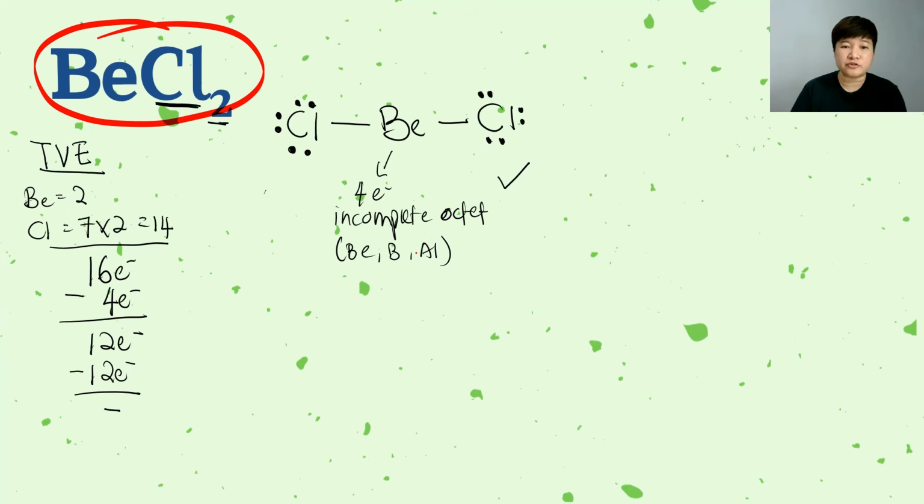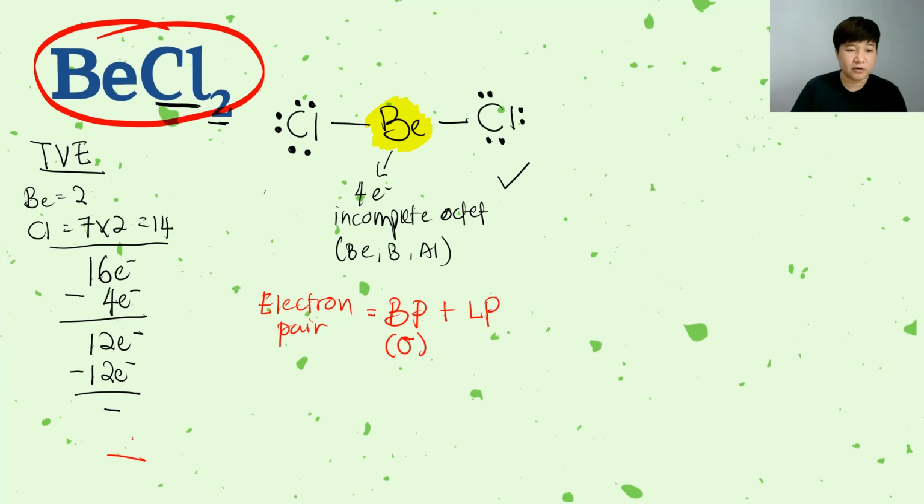And from this Lewis structure, how can we determine the molecular geometry or the basic molecular geometry? We are going to calculate the electron pairs around the central atom. We will focus only on your central atom. How can I calculate the electron pairs? We have a formula over here, very simple: bonding pair plus lone pair. But for the bonding pair, we will only count sigma bonds.